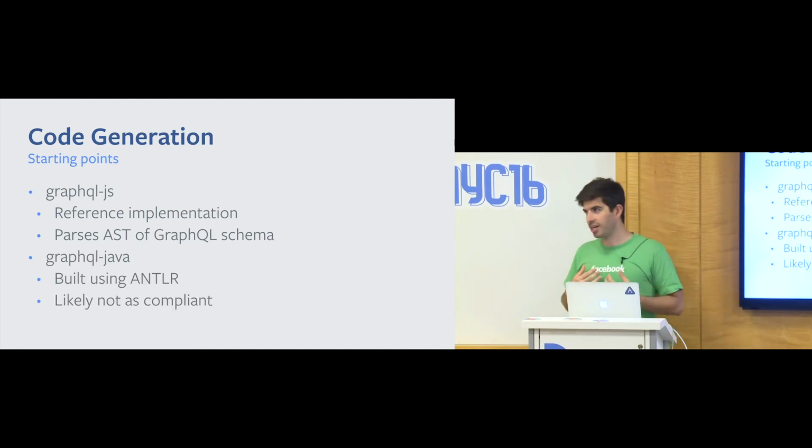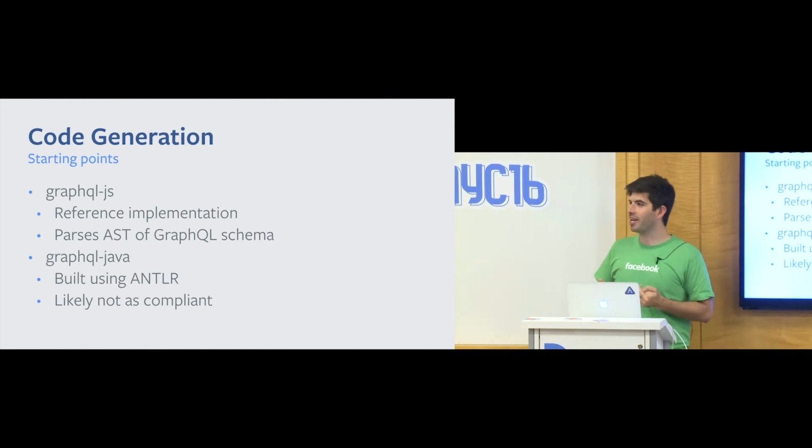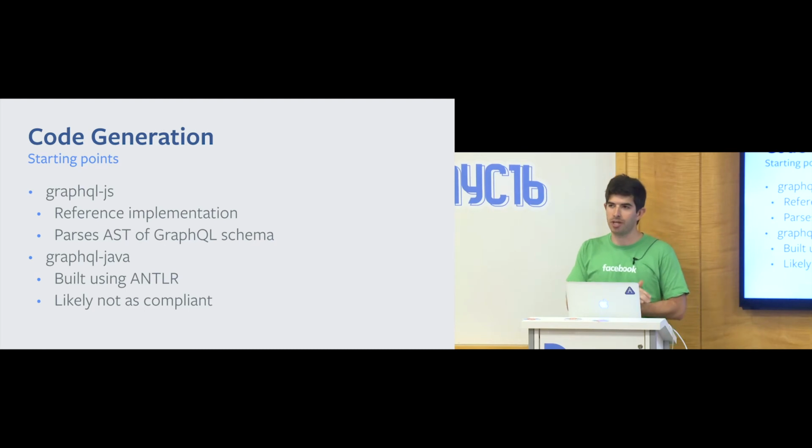But I'm personally not very comfortable in JavaScript. If you are like me, most Android developers maybe prefer Java. There's an open source project from the community called GraphQL Java. This is built around ANTLR. It's likely not as compliant. There's a warning on the README, but I looked at it and it does a reasonably good job. So either one of these might be fun if you're interested, maybe after you've got a feel for the system and you want to try out different strategies for code gen. Either one of these would be a good starting point.